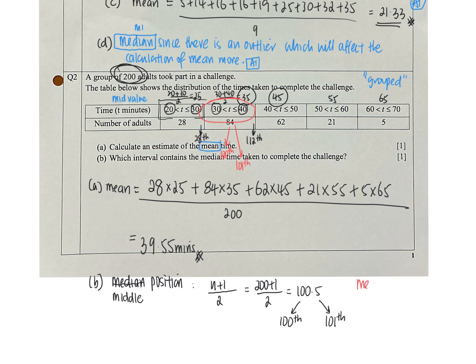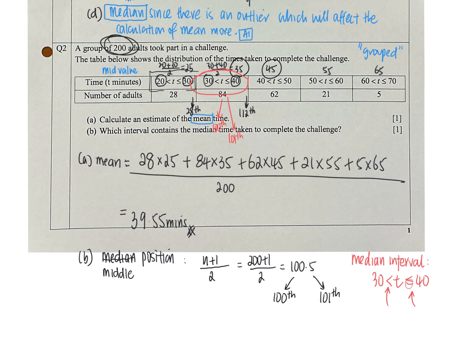So the median interval is that class you see over there. So be very careful of the inequality you are writing. This one has no equal sign at the bottom, but this one has. So write carefully. This one is the one that many of you got wrong. Okay, but you should get it right the next time.